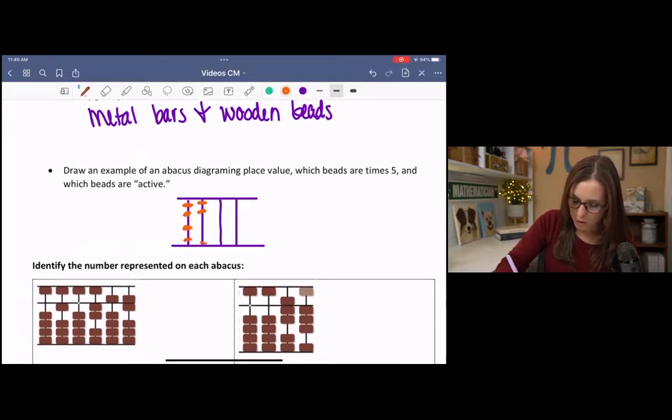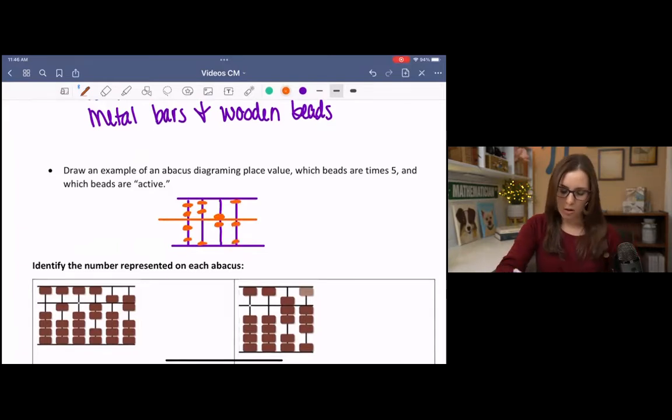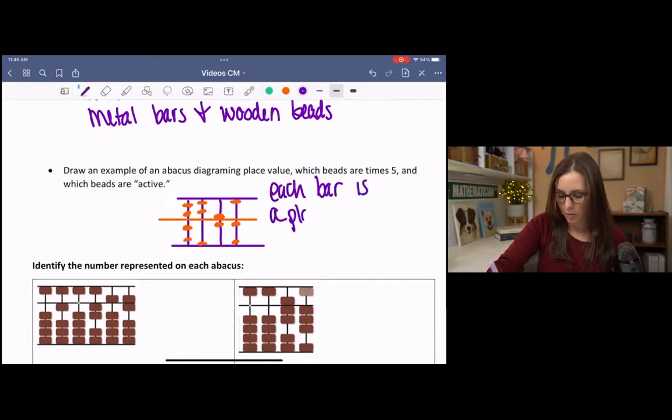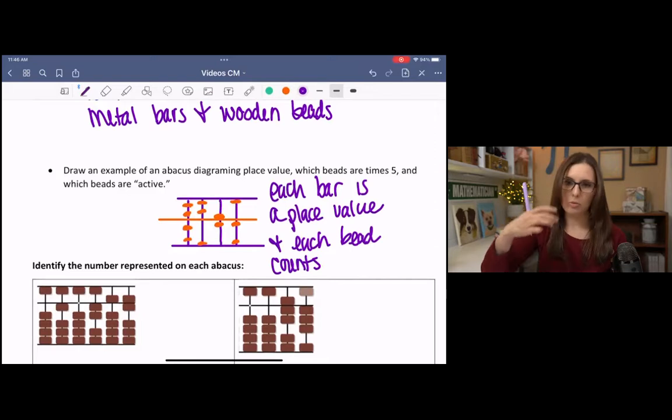I'll show you some more specific examples. Oh, and there's a bar here. Sorry, I forgot to say that. And the beads close to the bars represent specific things. So each bar is a place value, and each bead counts for something specifically. So to expand on that, let me tell you what I'm talking about.